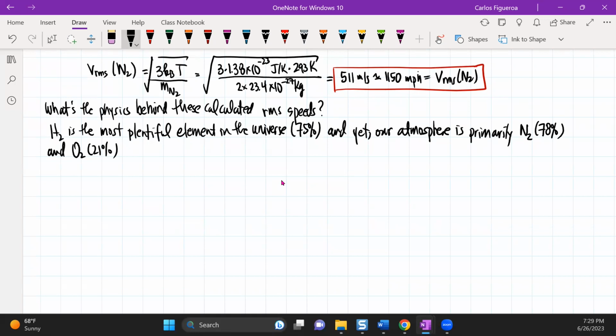The other stuff is trace amounts. Hydrogen gas is only trace amounts in our atmosphere.